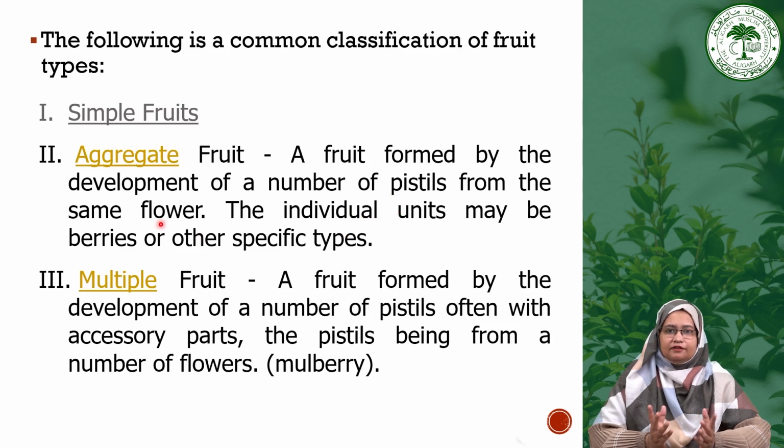If a flower has many pistils forming a single fruit, then it is called an aggregate fruit, and the individual units may be berries or other specific types of fruits.